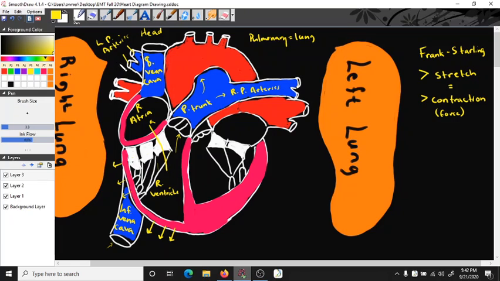Now, why are these arteries? They're arteries because arteries always go away from the heart. And you'll get people that say, well, arteries always carry oxygenated blood except for the pulmonary arteries because they carry deoxygenated blood.